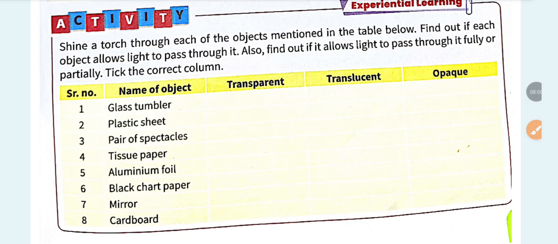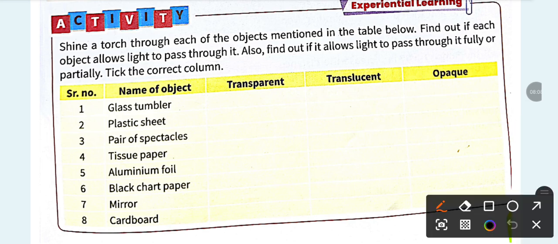Now here is an activity. We have to shine a torch through all of them and find out whether each is transparent, translucent, or opaque. A glass tumbler, as we have just read, is clearly transparent because we can see clearly through it. Some kinds of plastic sheets are translucent, some are transparent, but let's go with translucent because plastic polythenes are not very see-through.